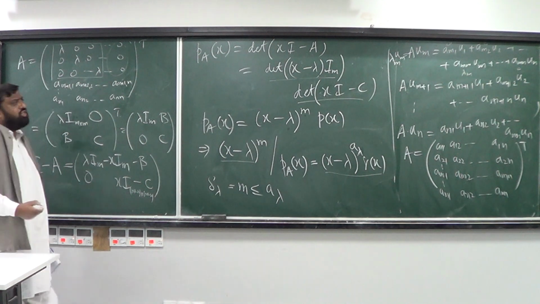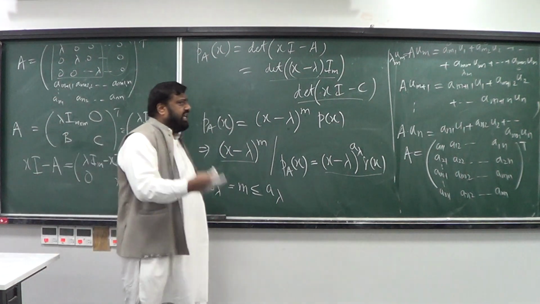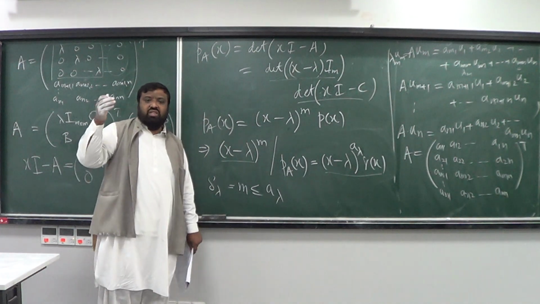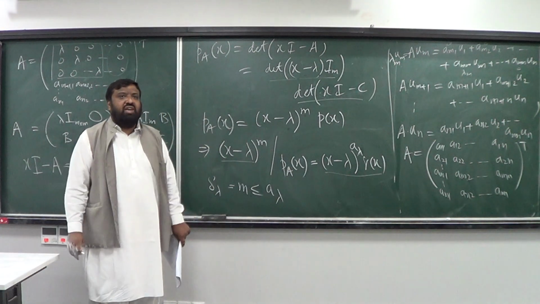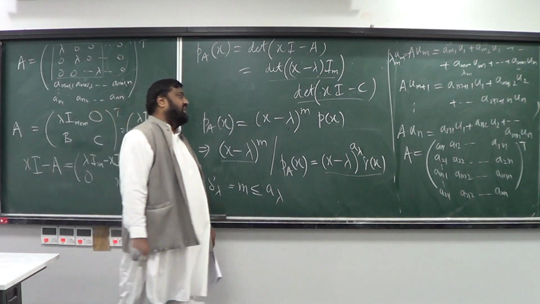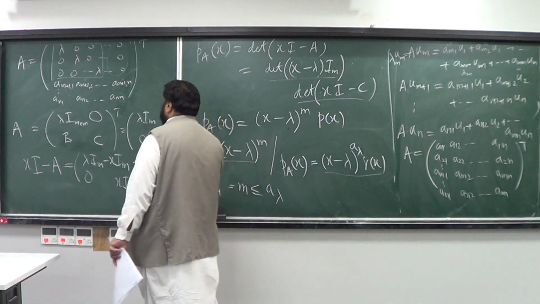So what does this result show? For any given matrix and any given eigenvalue, the geometric multiplicity is always less than or equal to the algebraic multiplicity. This is true in general.